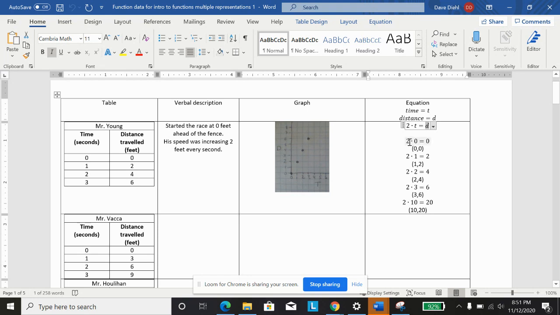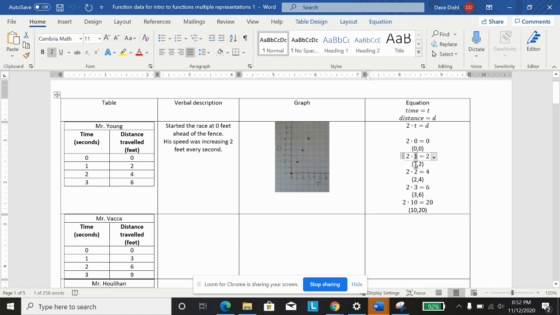So for example, if I say 2 times 0, I know that's 0, because at 0 seconds he's gone 0 feet. That means if I plug in 0 on the x-axis, I get out 0 on the y-axis, and that's that point right there. If I plug in 1 for t, or time, that means he goes 2 feet every second. So in 1 second, that's 2 times 1, or 2.